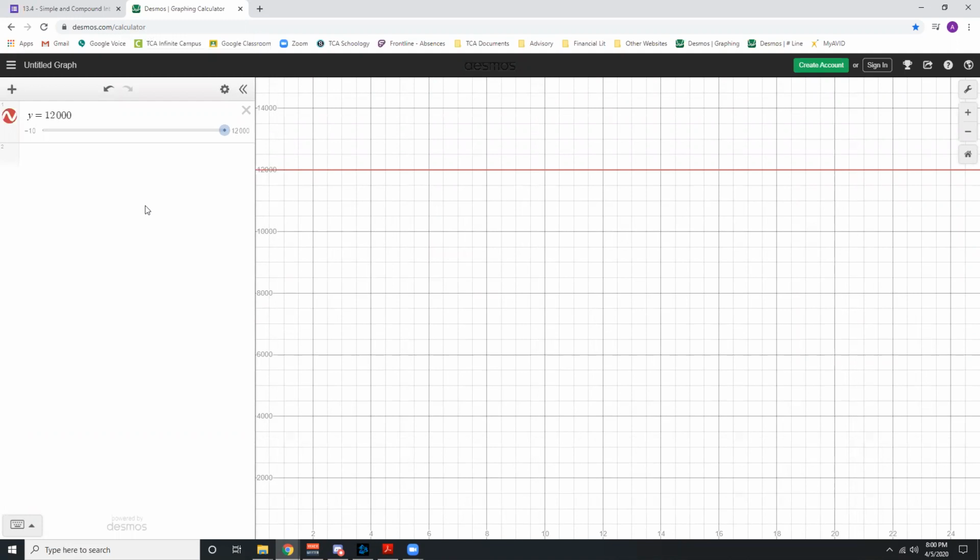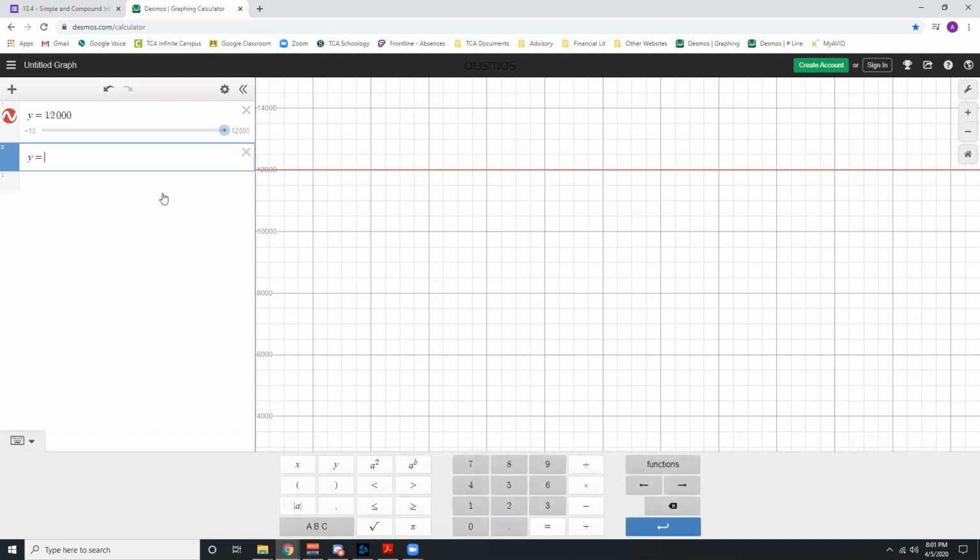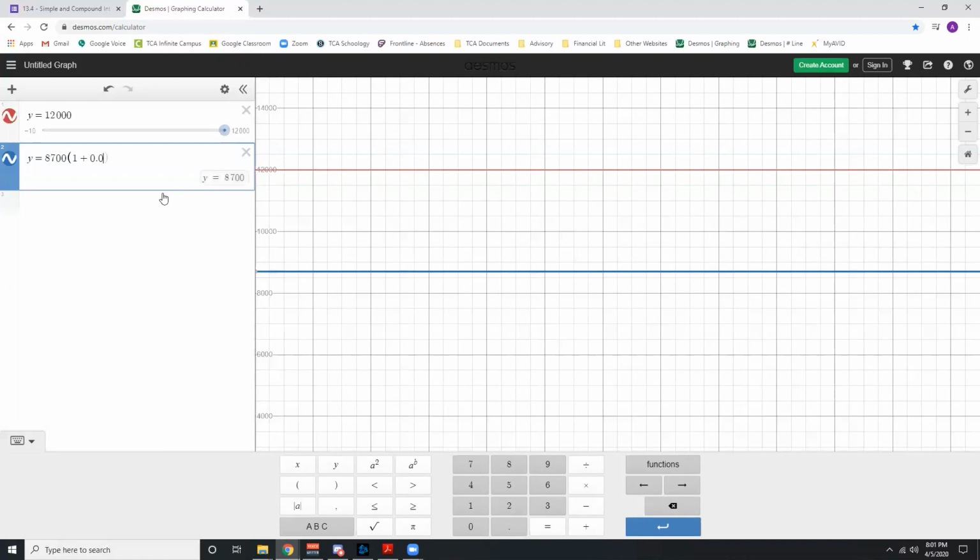So now I need to put in the function for this interest. So y equals, the amount that I start with is 8,700. 1 plus my rate of growth is 2%. So I'm going to put in 0.02.